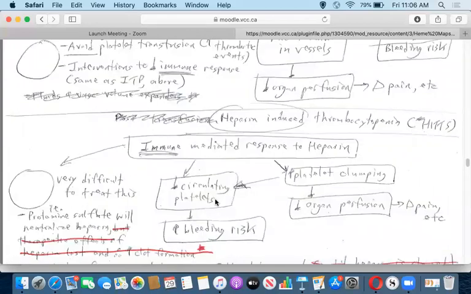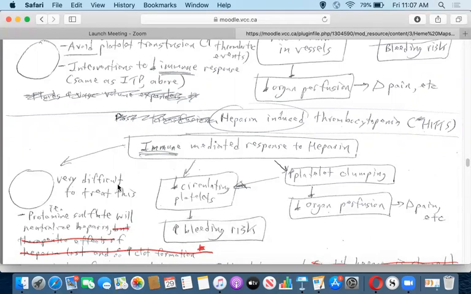Finally, heparin-induced thrombocytopenia, HIT is what you'll usually see it charted as. The heparin itself is causing an immune response that's causing the body to attack platelets. How do you deal with this? It also causes clumping, so you have the same dual problem as above: increased bleeding risk and increased clotting.